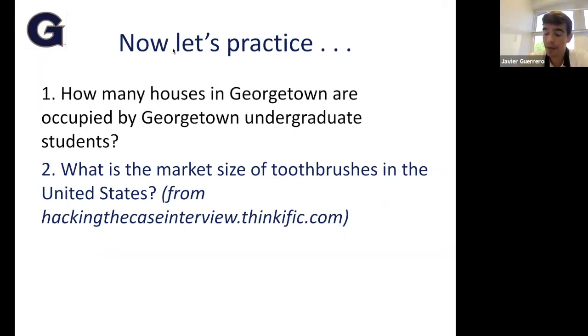Again, start by repeating the case back with your understanding of it, asking any clarifying questions, making assumptions, and driving to an answer. So our case today is: our client has asked us to find the total market size of toothbrushes in the United States. How would you approach this problem?